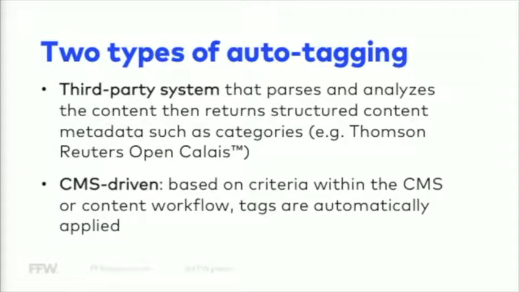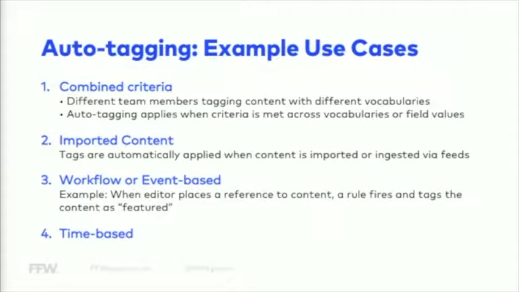So I'll give you some example use cases of where that could come in really handy. Number one, combined criteria. We've done a lot of work for publishers where you have different teams, maybe a site administration team and an editorial team, who are tagging and marking up content in different ways.